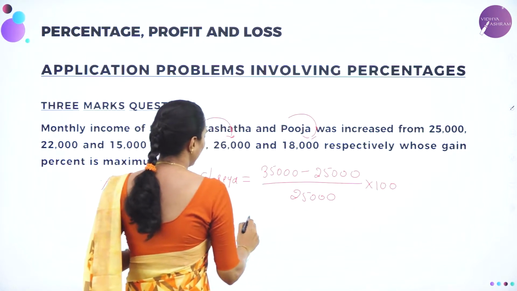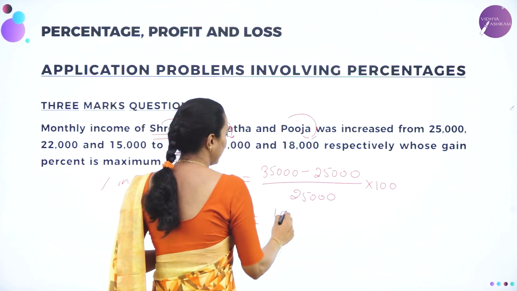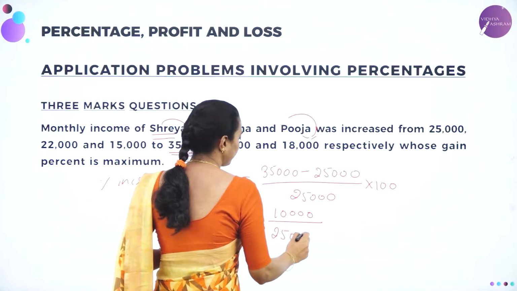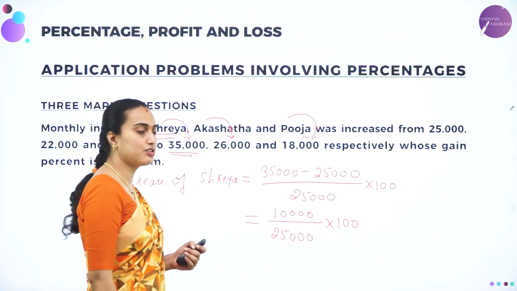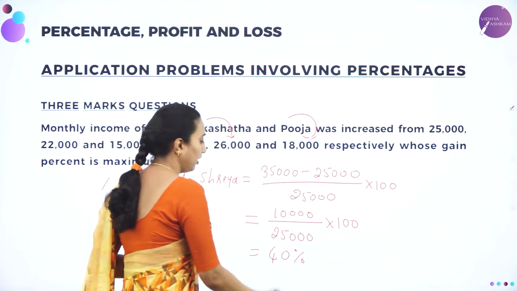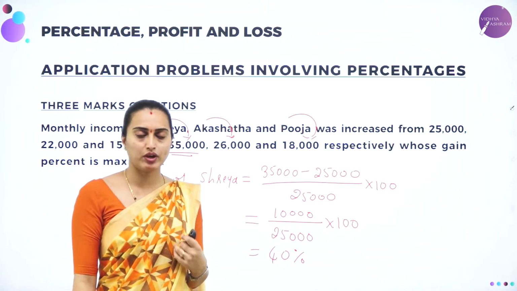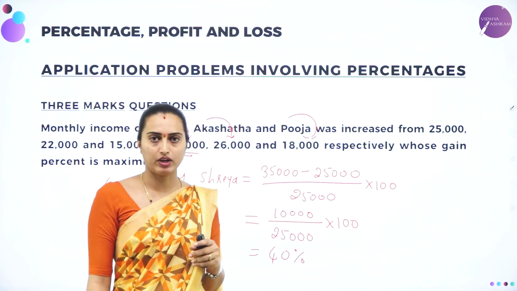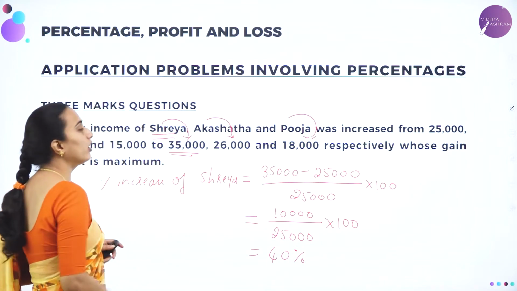So 35 minus 25 is 10,000 divided by 25,000 into 100. After calculating this, you are going to get 40%. Therefore, Shreya's gain was 40% when it was increased from 25,000 to 35,000. Understood?